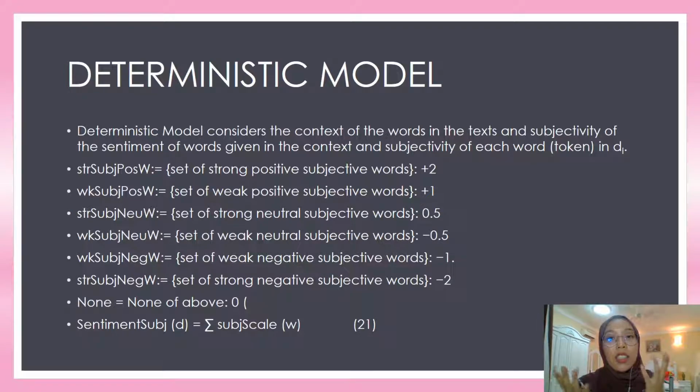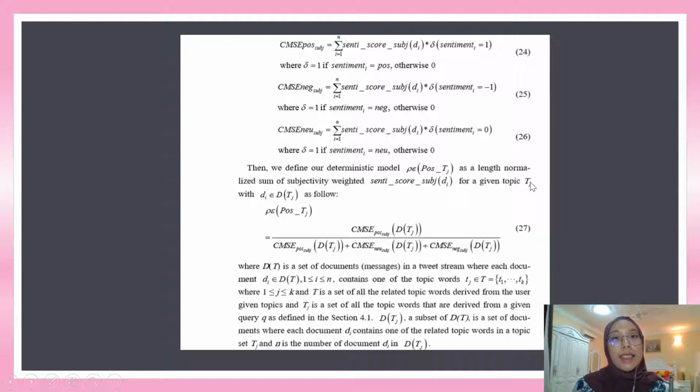They also look at whether the opinion is a positive word or a negative word. So they will layer it. As you can see here, there's the strong positive, the weak positive, the weak negative, and the strong negative. This is an example from the article, and this is the formula for finding the deterministic model.